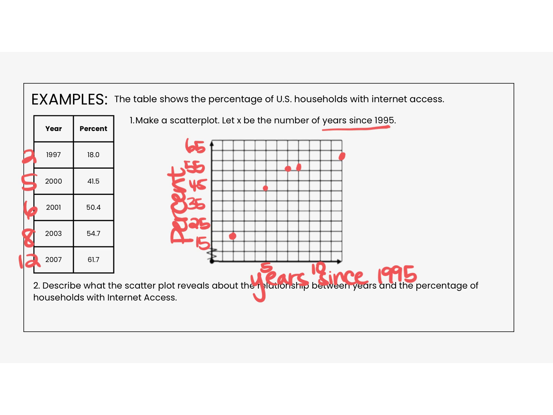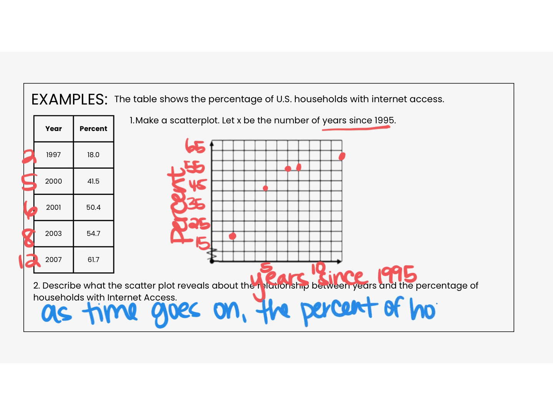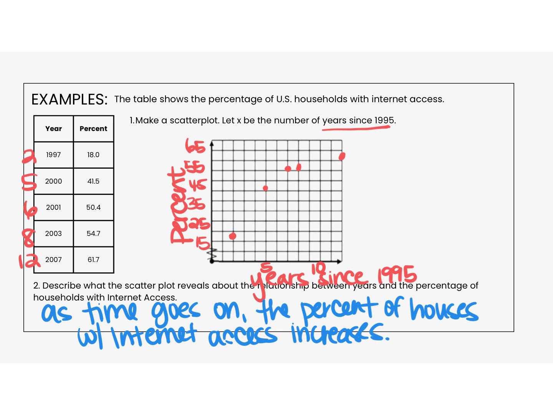So what that means is that as time goes on, the percent of households with internet access increases. Okay, again, we do see that positive correlation.